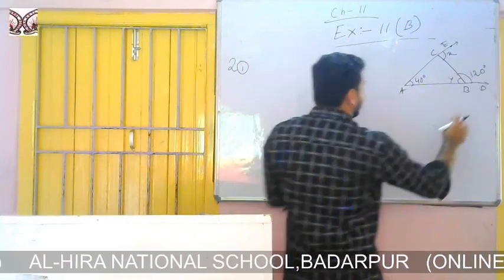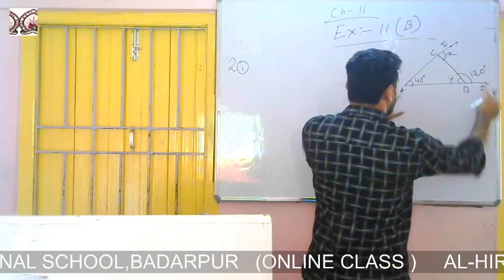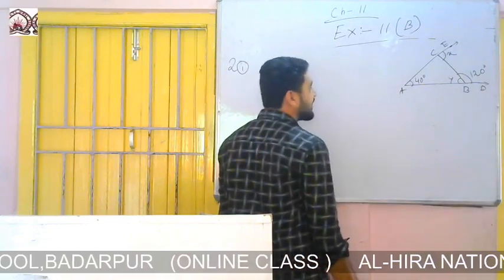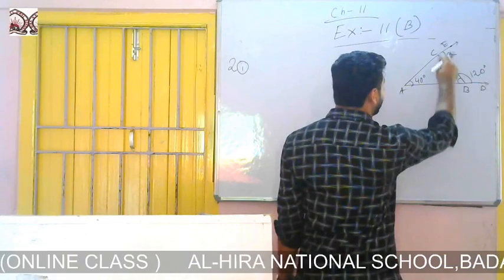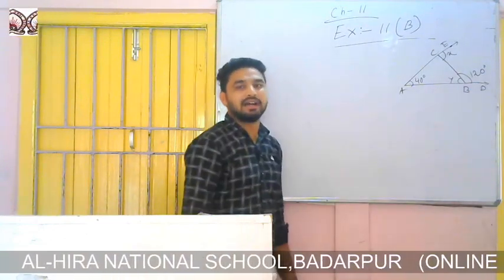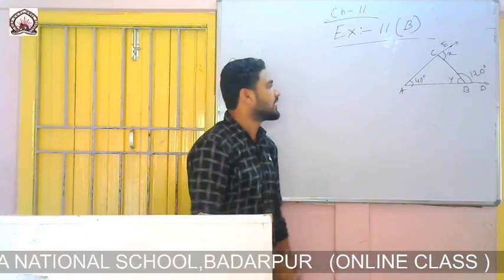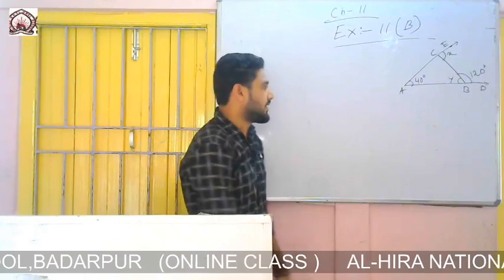like this. You see, if I consider AD is a straight line, then I can say this angle Y plus angle CBD are the two linear pair, okay. Now what is linear pair?